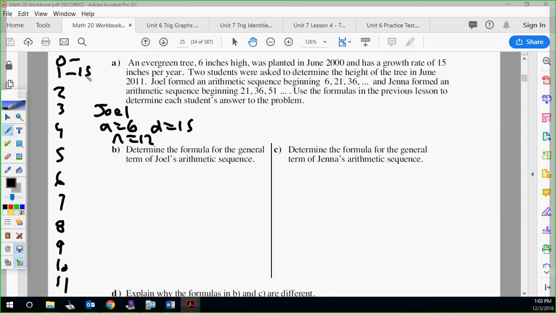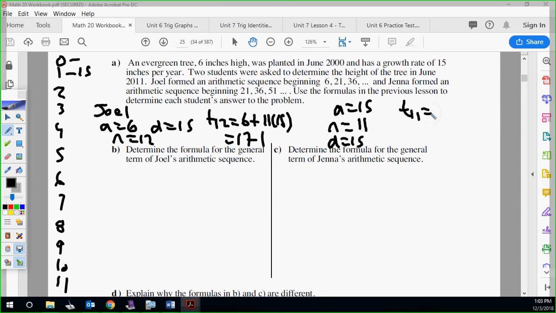So his T12 is 6 plus 11 times 15. He gets 171. She does A is 21, N for her is 11, and her common difference is 15 as well. So her term 11 is 21 plus 10 times 15. Sorry, why did I put 15?